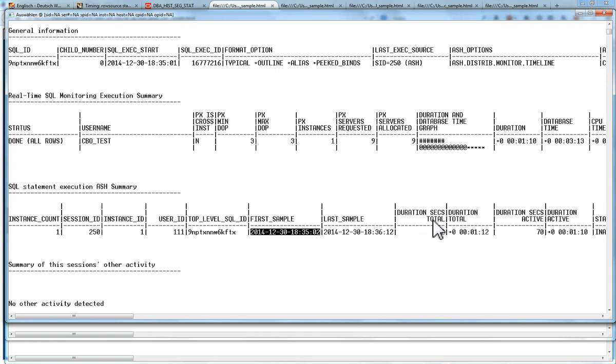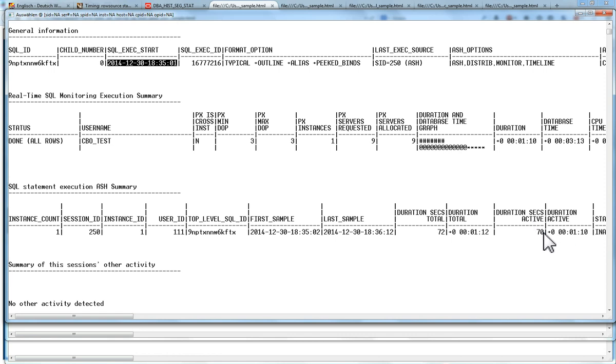So this duration total here is basically last sample minus SQL exec start, and therefore I arrive at this 72 seconds.